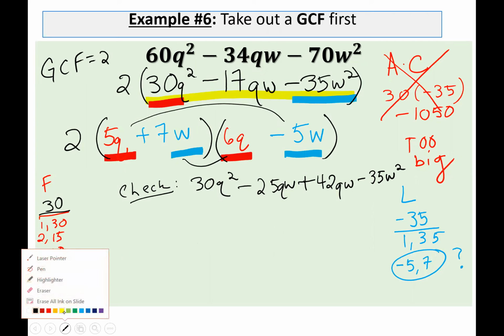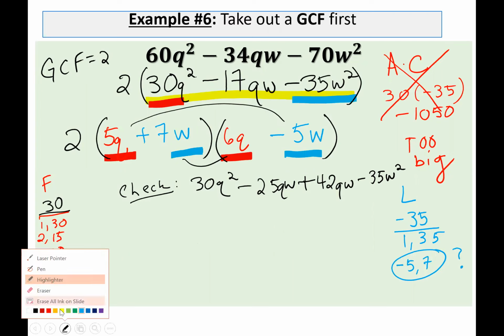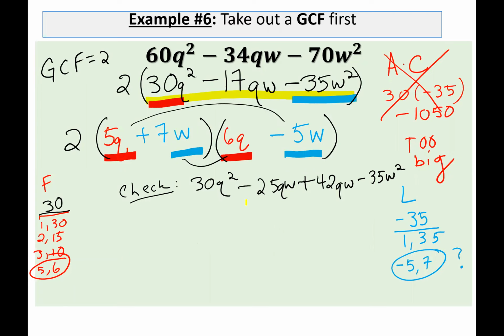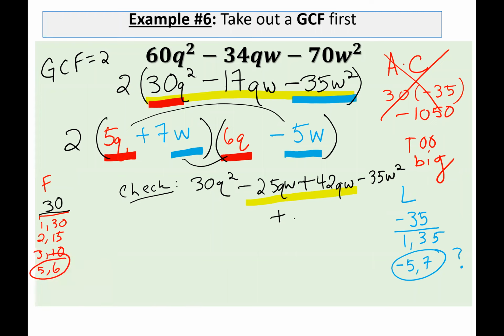So when we combine our middle terms, meaning the minus 25qw plus 42qw, what we get is positive 17qw. Okay. So the question is, did we get it?